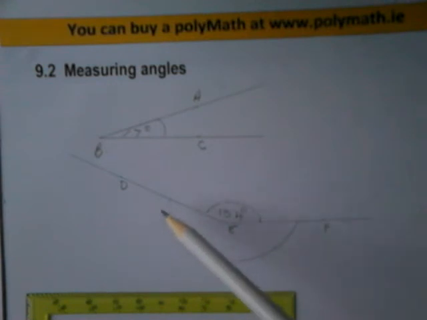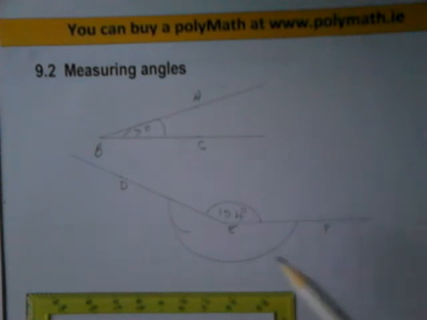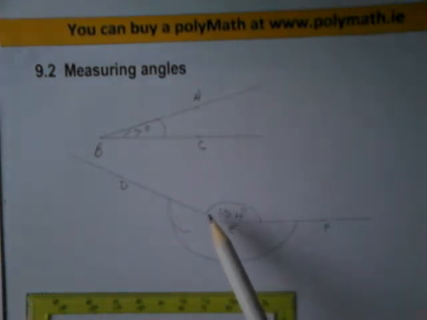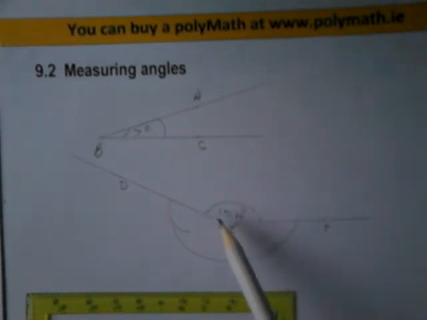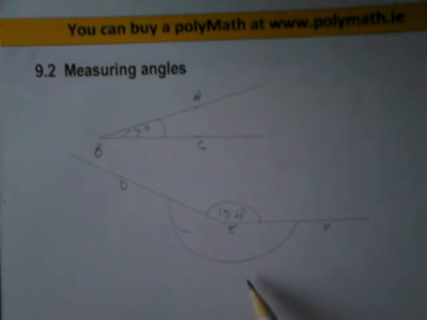So the way you would find out what this reflex angle measures, it's reflex, it's between 180 and 360. You just subtract. We know this is 154, so we know this bit here must be 360 degrees minus 154 degrees.